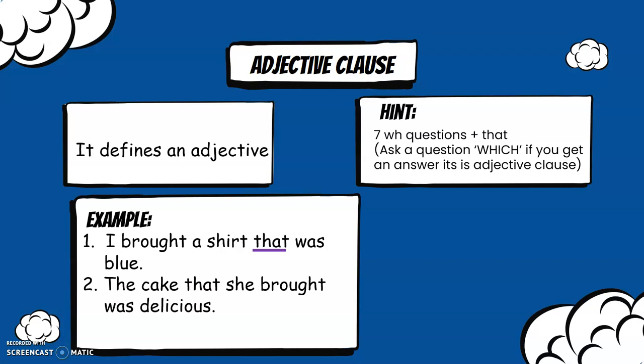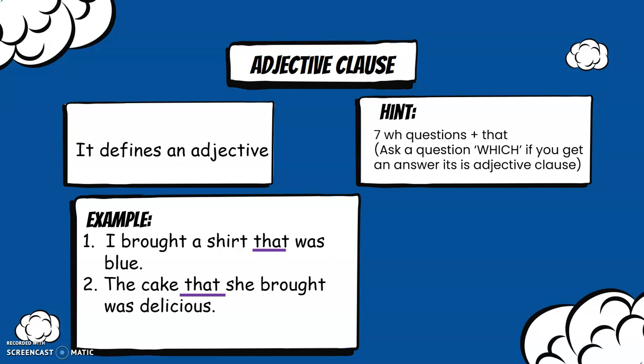Now again "that" is there, so you can say it is an example of an adjective clause. Let's confirm by asking the question "which": which cake? The cake which she brought was delicious. So we got the answer from the subordinate clause. So it is an example of an adjective clause.